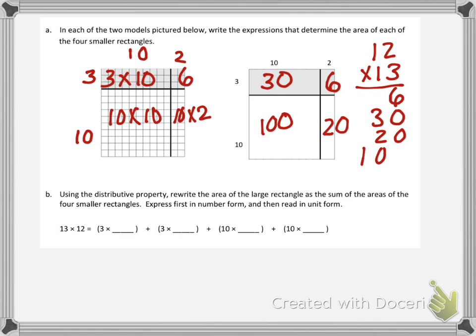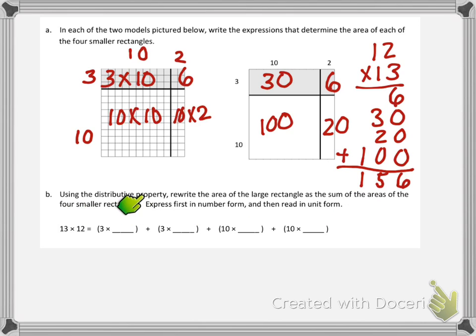Make sure that we're always lining up our places. Now we have 4 partial products that we need to add. In our ones, we have a 6. In our tens, we have a 5. And in our hundreds, we have 1. So this 12 times 13, the product of that would be 156. But over here, it's asking you for the distributive property.